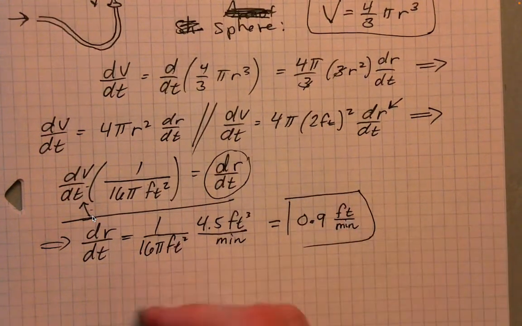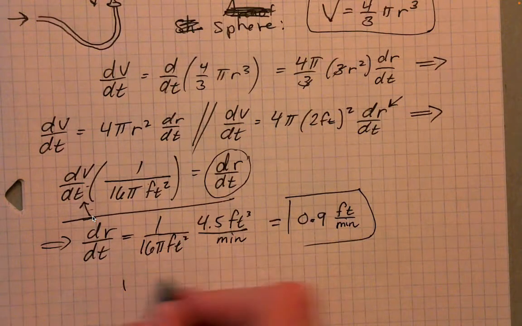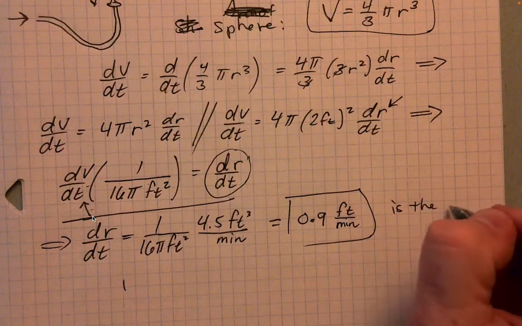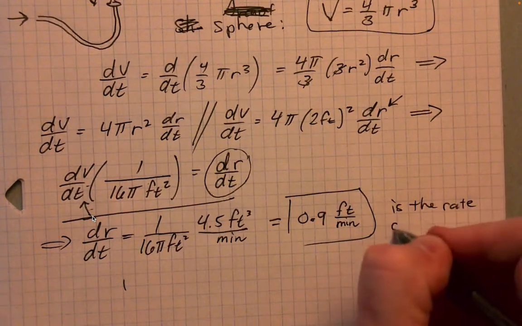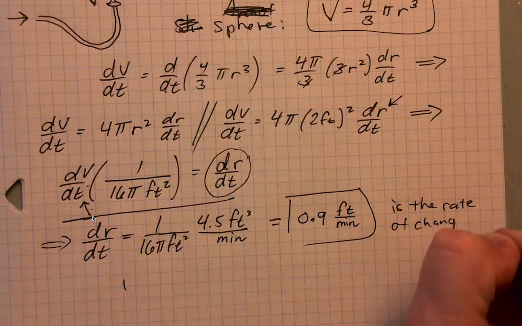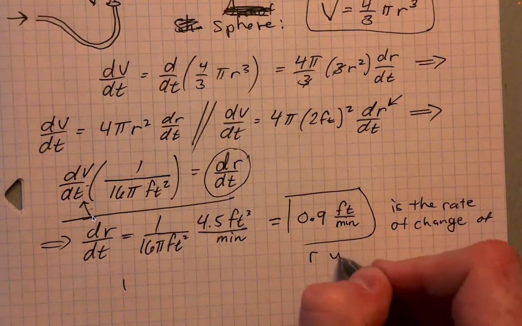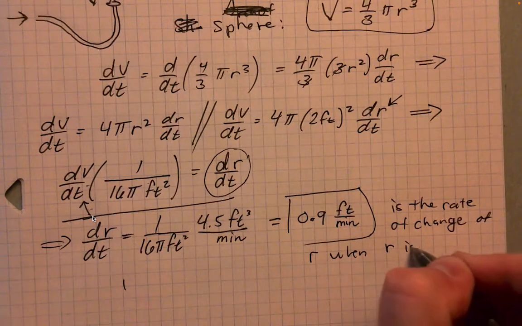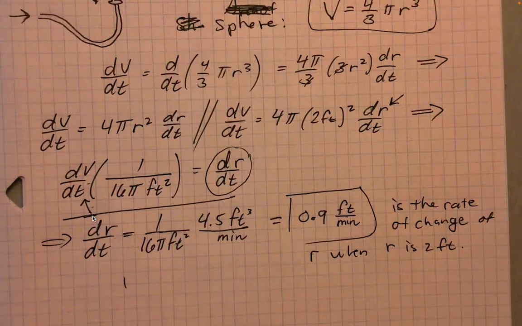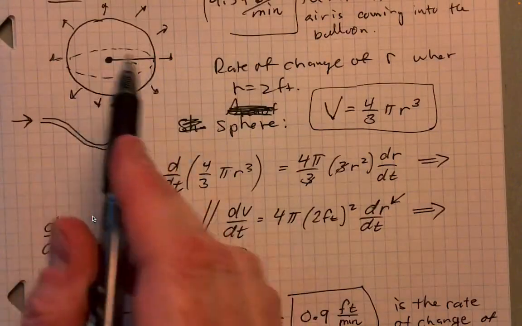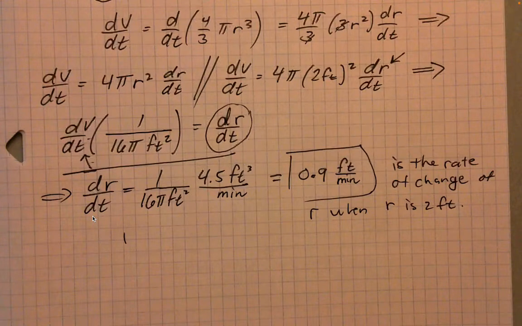So 0.9 feet per minute is the rate of change of r when r is 2 feet. It's the instantaneous rate of change of the radius of the sphere at the exact moment that the radius is equal to 2 feet.